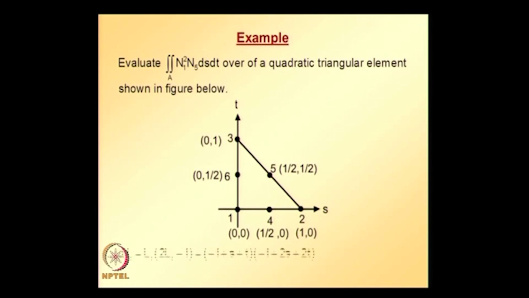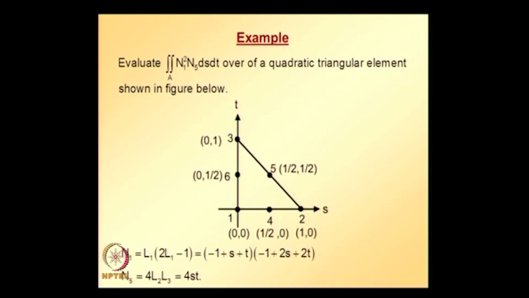Here N1 and N5 are nothing but the quadratic, or 6 node, triangular element shape functions, and they are given by N1 equal to minus 1 plus s plus t times minus 1 plus 2s plus 2t, and N5 given by 4 times s times t.